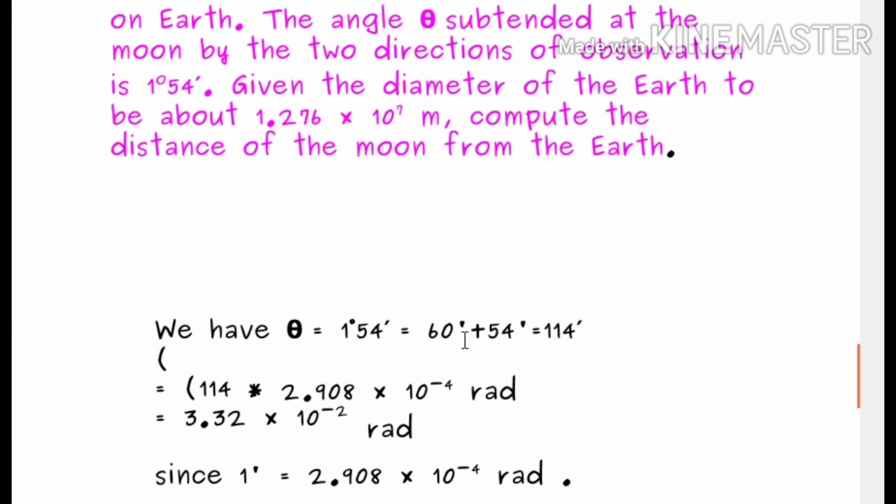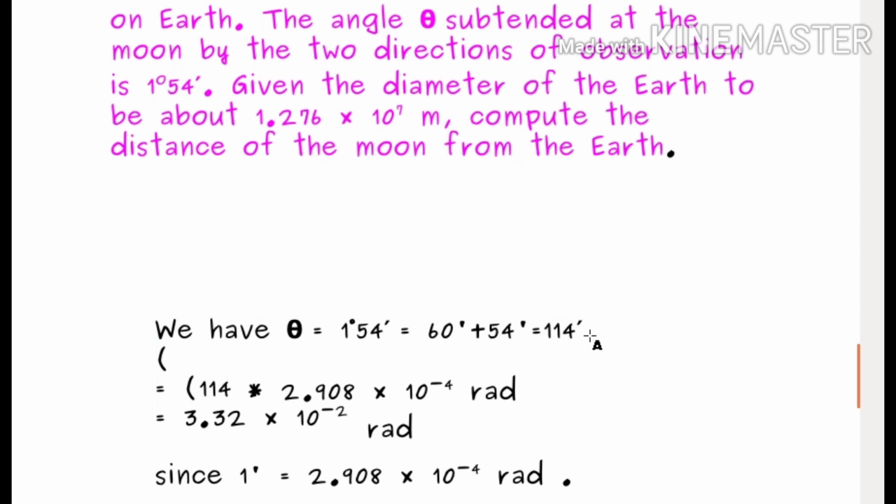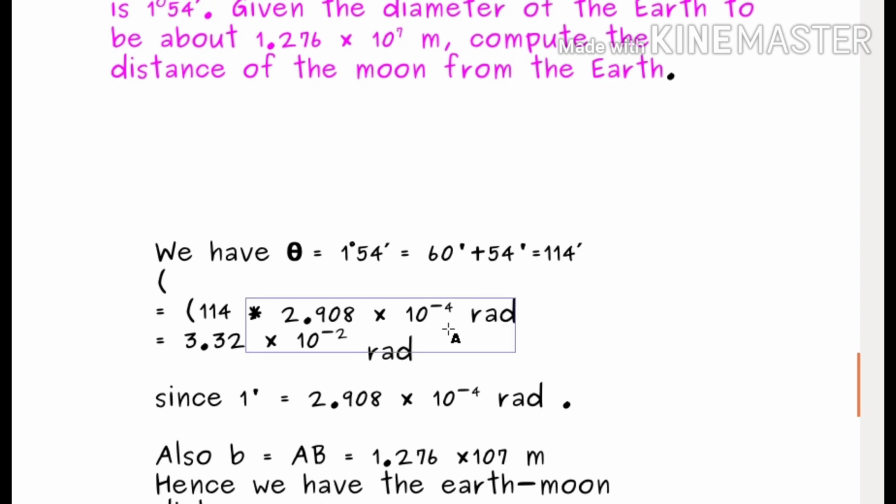On adding both quantities we get 114 minutes. Now we have to convert theta into radian, and minute is not acceptable in the formula. So let us convert into radian. I use the following steps for converting it.